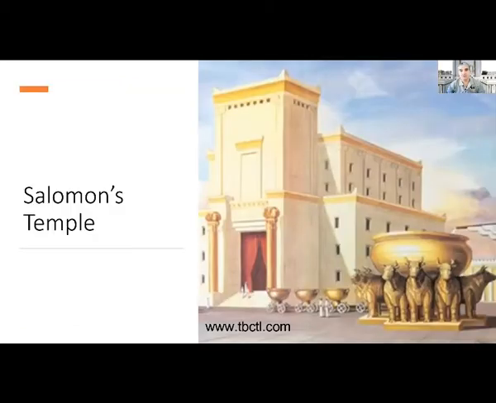One of the greatest moments in the Bible is actually the building of the first temple by King Solomon. King Solomon, as we know, was the last king of the United Kingdom. And after him, of course, Rehoboam was the one who separated the tribes of Judah and Benjamin and Manasseh.